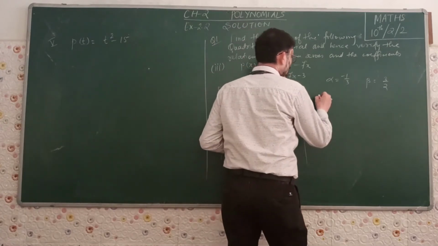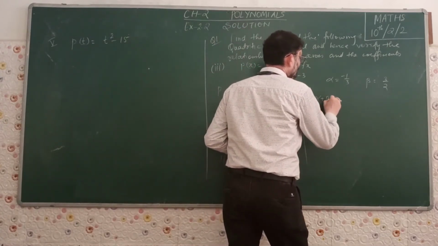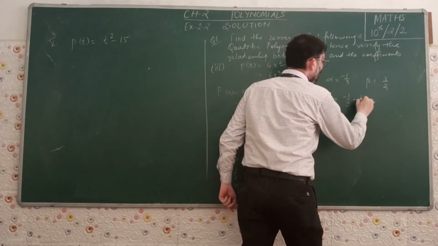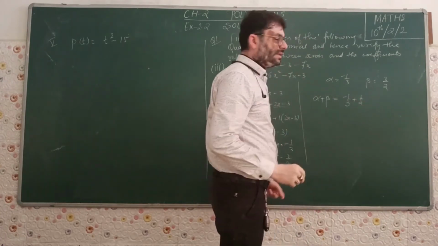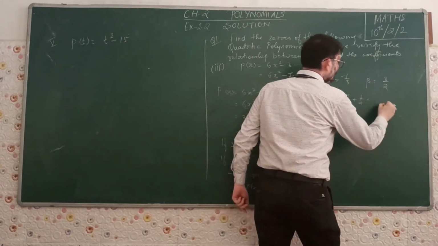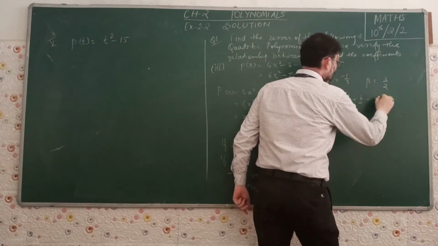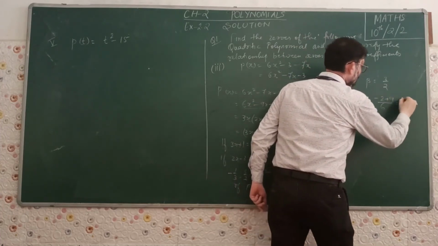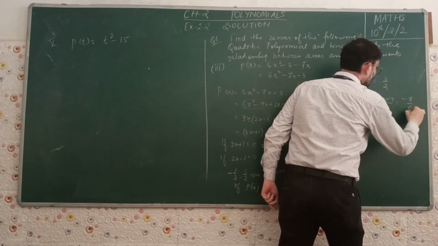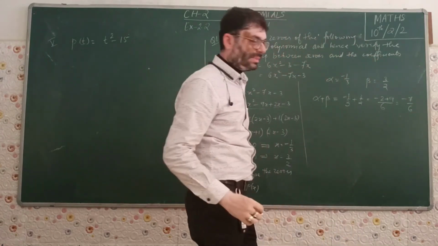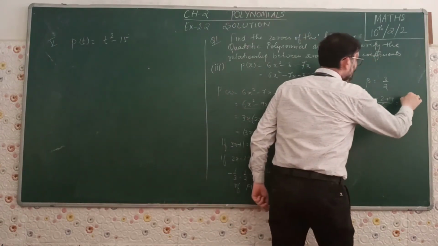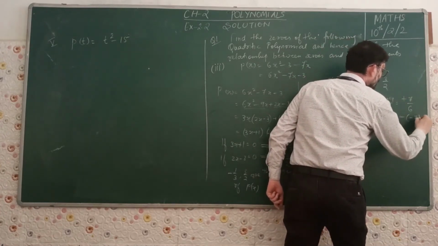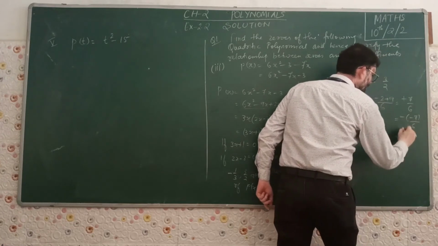So let us do first alpha plus beta, that is sum of zeros, is minus 1 by 3 plus 3 by 2. Solving by taking the LCM, this is 6, this is minus 2 plus 9, and this is 7 by 6. This is plus 7 by 6, which can be written as minus of minus 7 by 6, keeping this minus as it is.